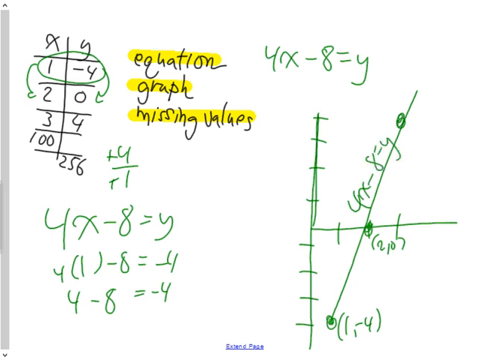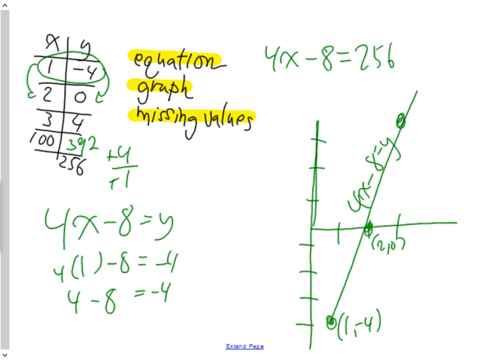And finally, the missing values. When x is 100, substitute it into your equation, simplify it, and find out that y will equal 392 when x is 100. And again, in that same equation, this time I know my y value. The y value is 256, so I'm going to substitute it right there.